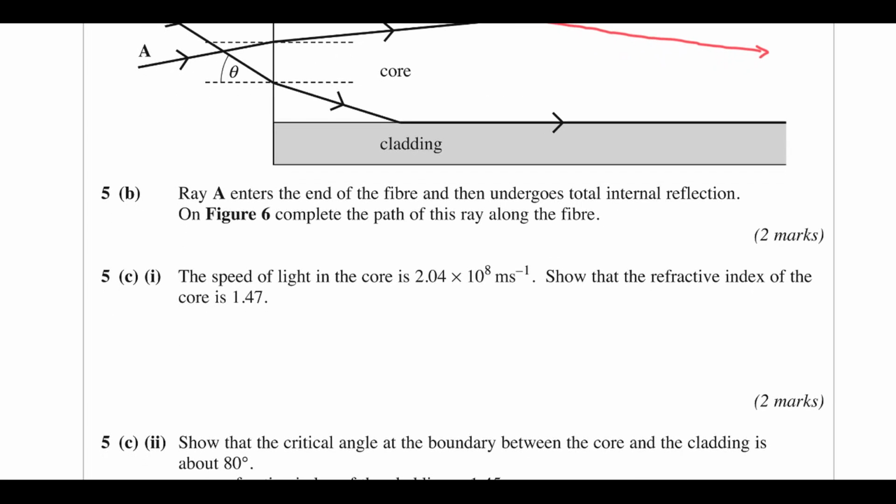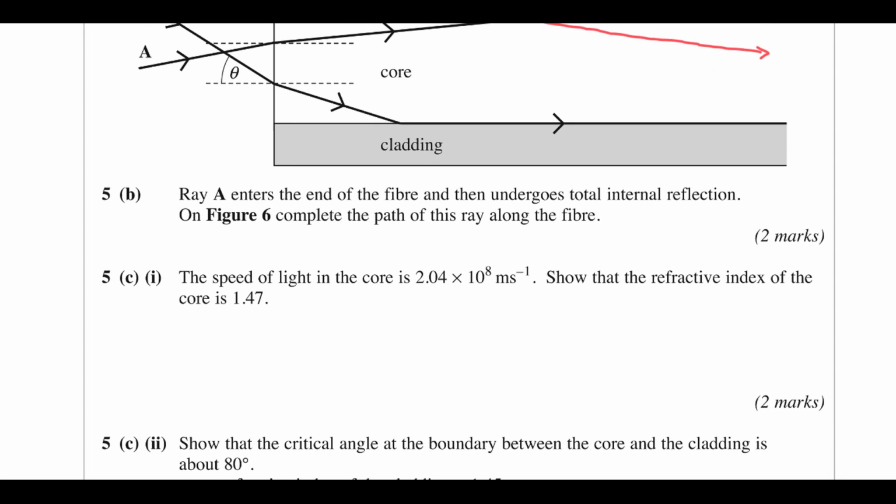So the speed of light in the core, it has this value. Show that the refractive index of the core is 1.47. So to calculate refractive index, it's the speed of light in a vacuum divided by the speed of light in the substance.